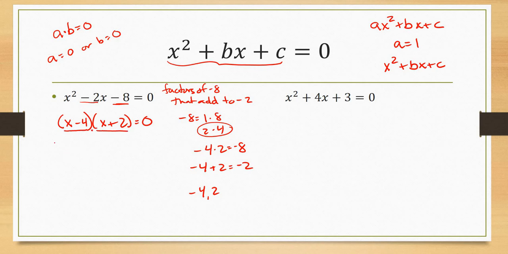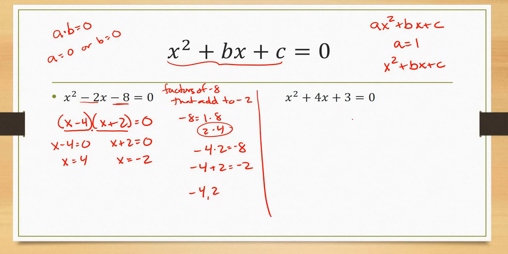They both equal 0. Therefore, either x minus 4 has to equal 0 or x plus 2 has to equal 0. One of those has to be true for the product of these two things to be 0. So either x equals 4 or x equals negative 2. And if I plug either of those answers back into the original, I will get 0.